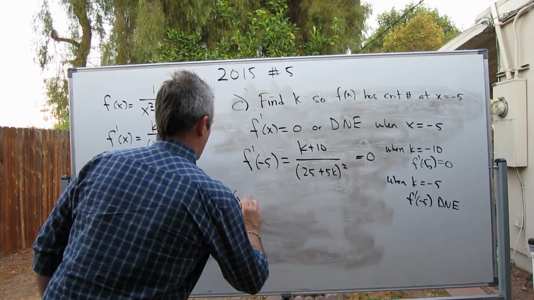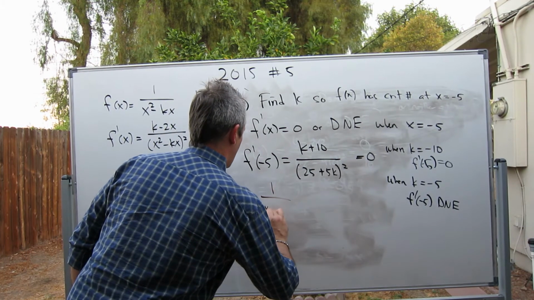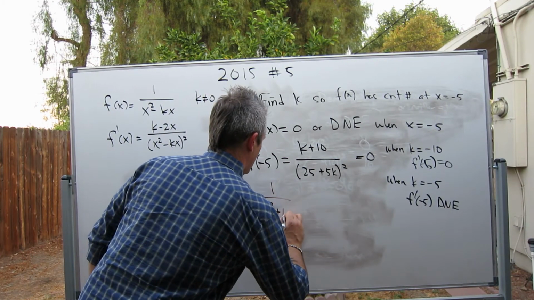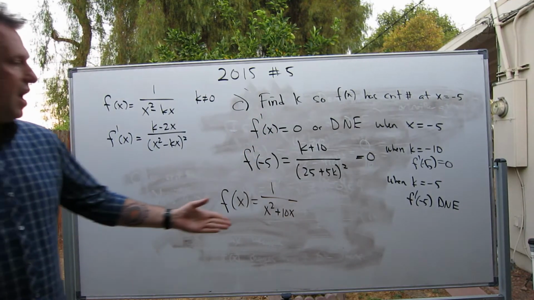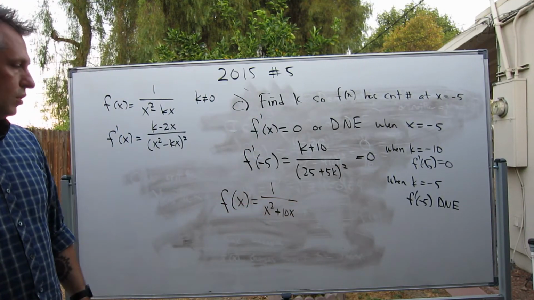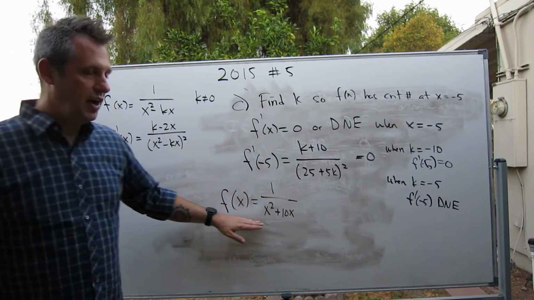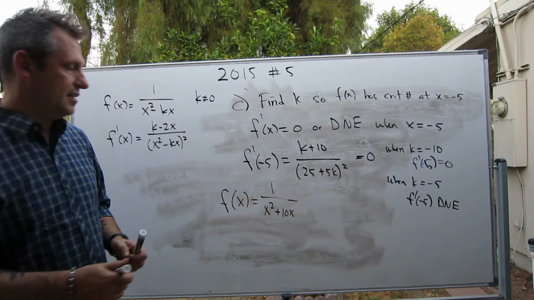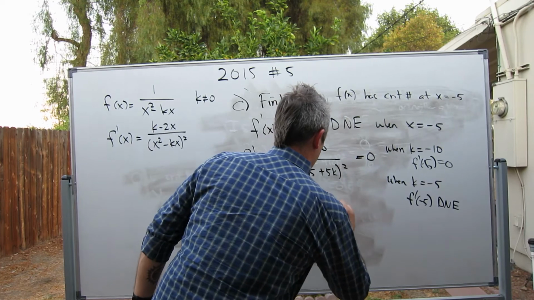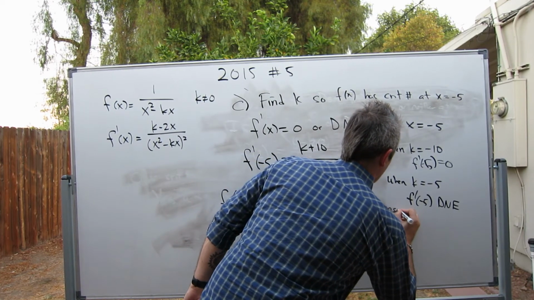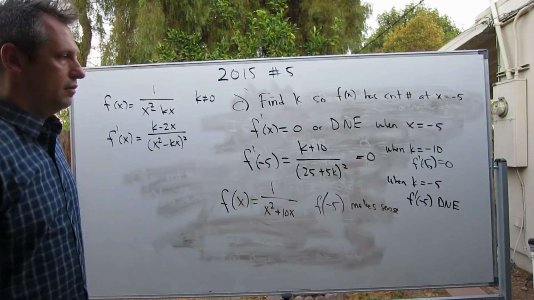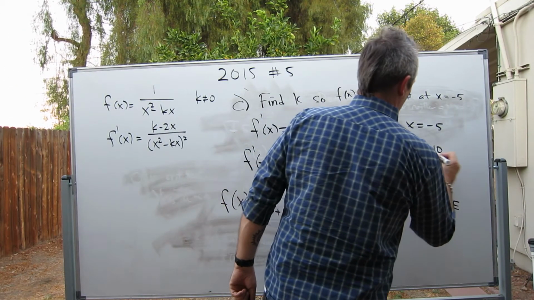We have f of x equals 1 over x squared plus 10x. Are we allowed to plug in -5 into this? Totally. We can plug in -5 into this and we get something that makes sense. F of -5 makes sense. So we're good.